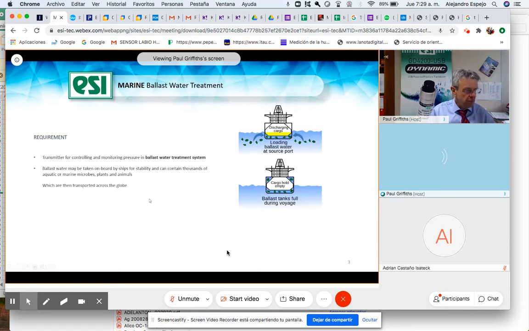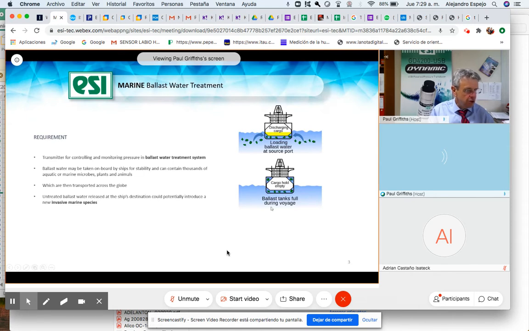There are some pictures here showing the ship discharging water, and you can see the marine life coming out into the water, and then taking water back on, and now the tank is full of microbes and fish and whatever from a different seaport.